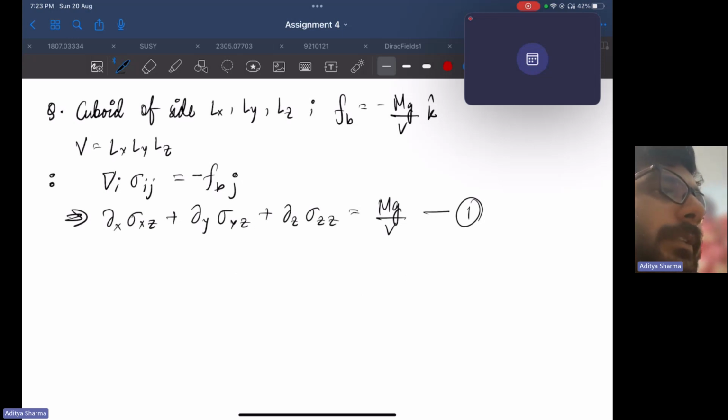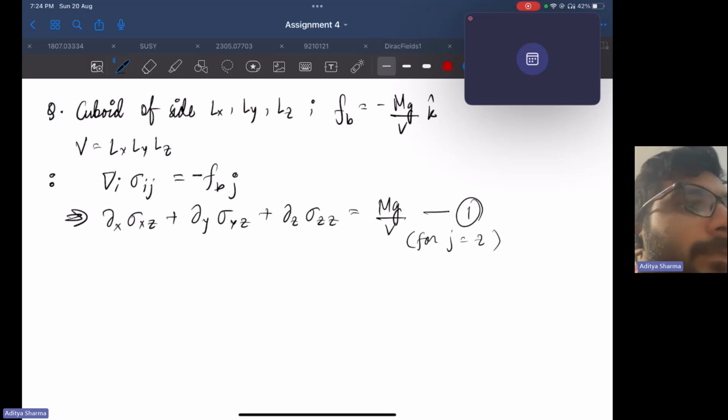The other equations are when j is equal to x and y.